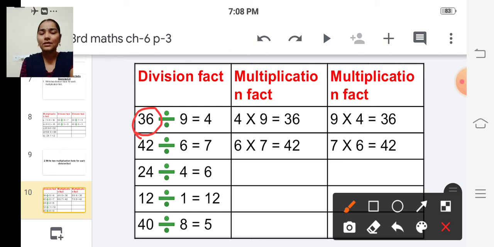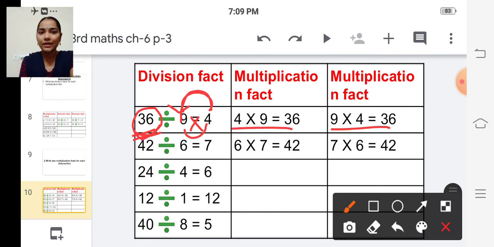Okay. 36 is the product. So we can write 9 into 4 which is equal to 36 and 4 into 9 which is equal to 36. So what are the two multiplication facts? 4 into 9 is equal to 36. Next one is 9 into 4 which is equal to 36.